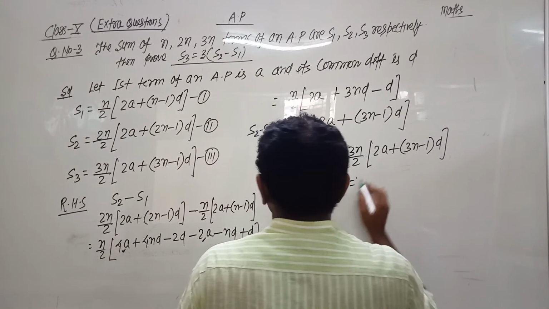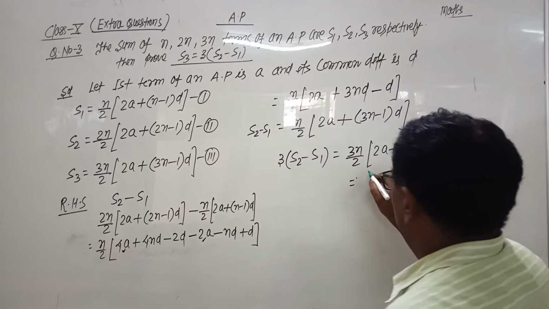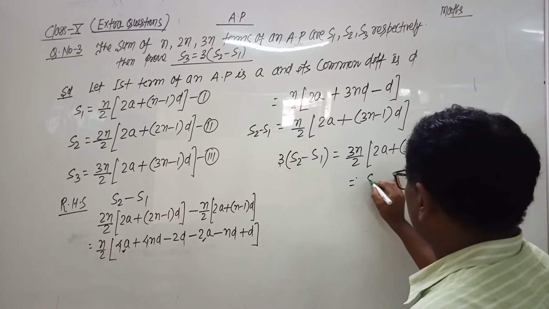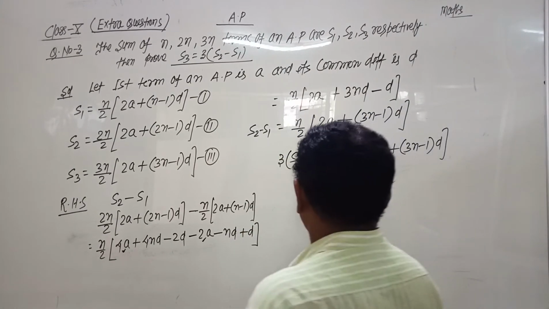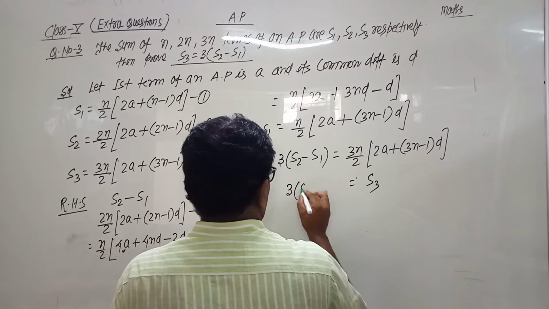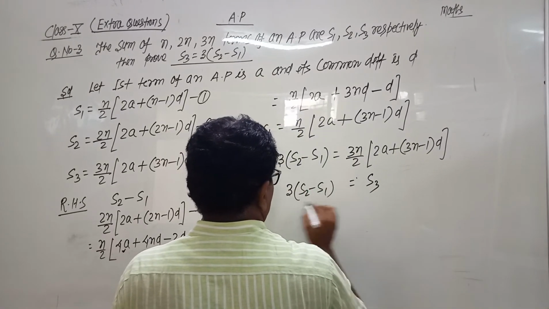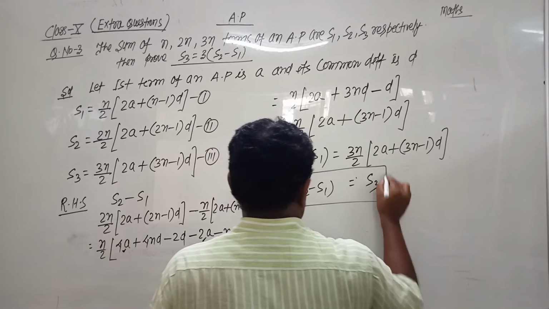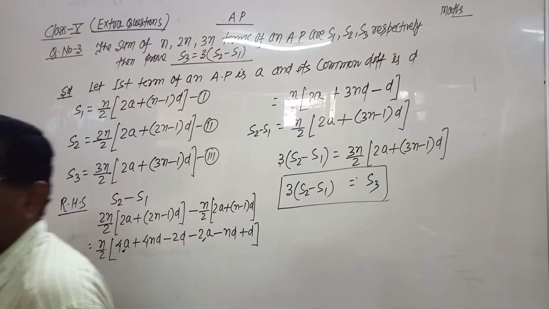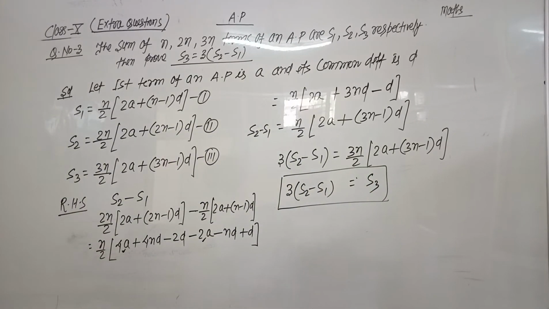LHS means this is the value of S3. So 3 times of S2 minus S1 comes to be S3. So we prove that LHS is equal to RHS.